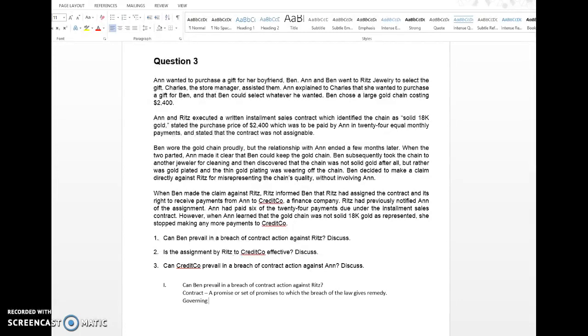This is where I've got to discuss the UCC, and then you start typing, the UCC governs contracts for the sale of goods, and common law governs contracts for services.